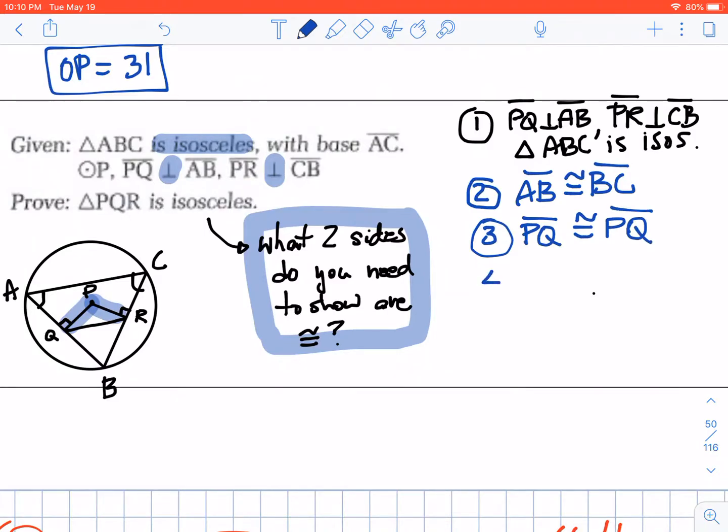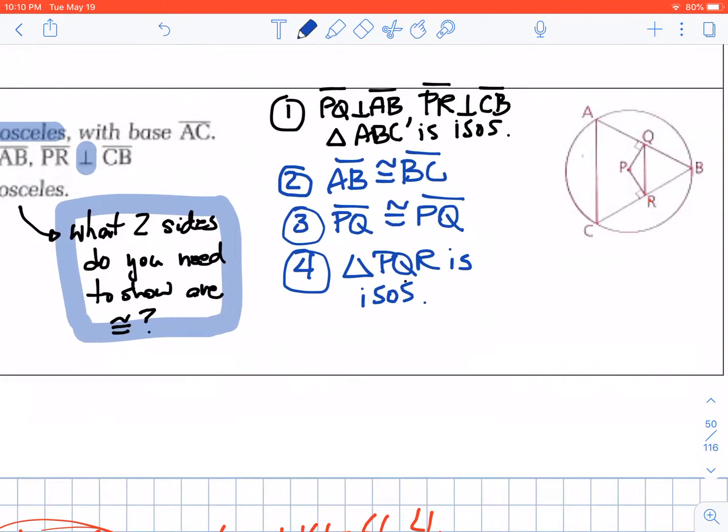Line 4. If those two segments are congruent, then triangle PQR is isosceles. The key step here is step 3. Right? This would be the converse of the congruent chords theorem.